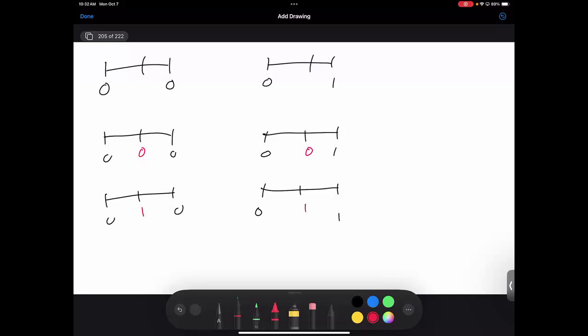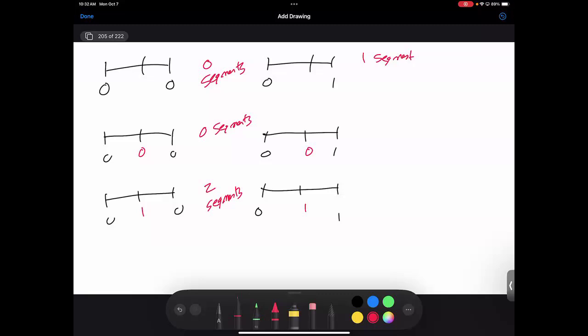I start with 0 such segments. And here I start with 1 segment. When I put in the 0, how many segments do I have now? I still have 0 segments. When I put in a 1, how many 0,1 segments do I have? 2 segments.